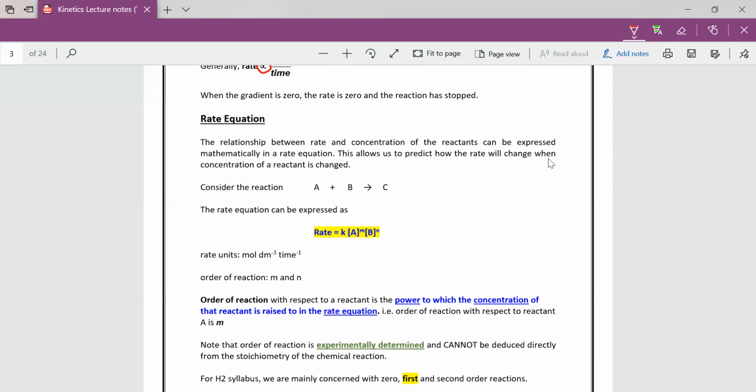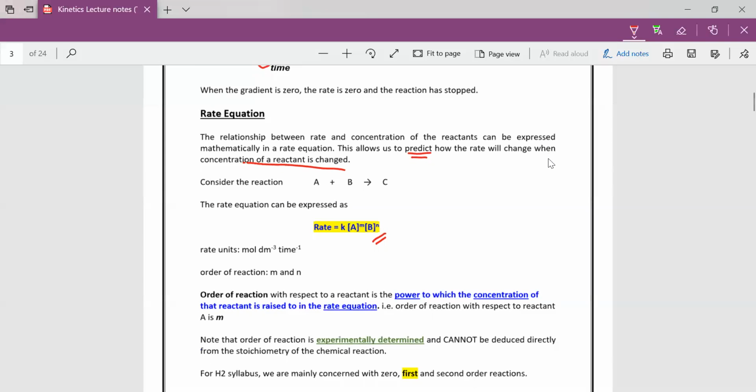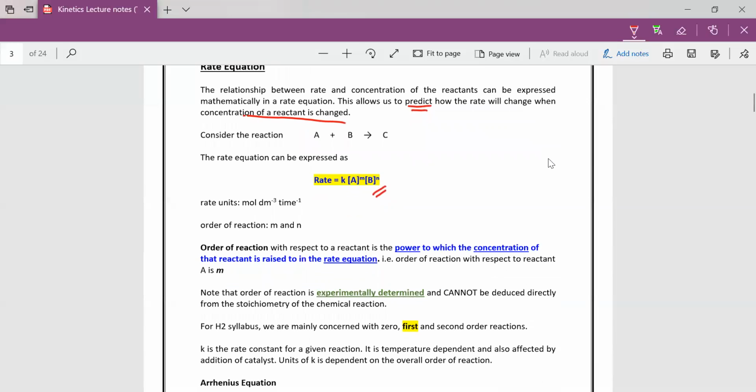So why do we need such a thing called a rate equation? This rate equation allows us to predict how the rate will change if the concentration of a reactant is changed. So if for a particular reaction we write down this rate equation, we need to know the order of reaction with respect to A and B. What is order of reaction?